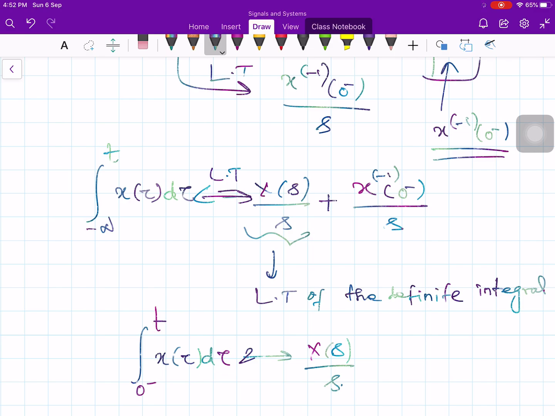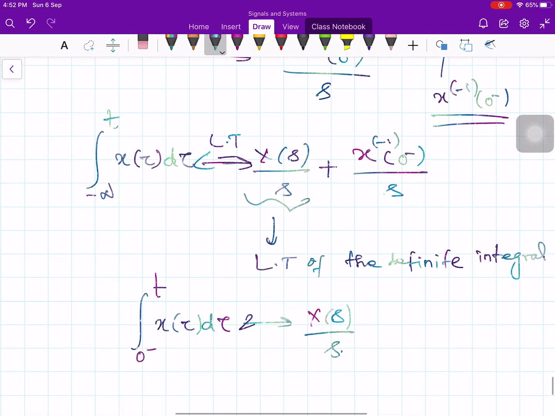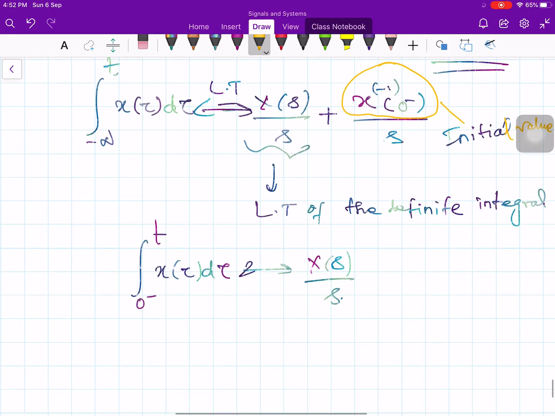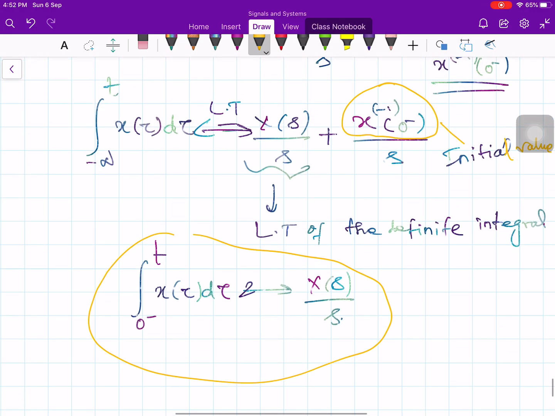That means the initial value of the integral is ignored. When you ignore the initial value, this is how your definite integral looks. So these are the two important relationships. Let's say this is 1 and this is 2.